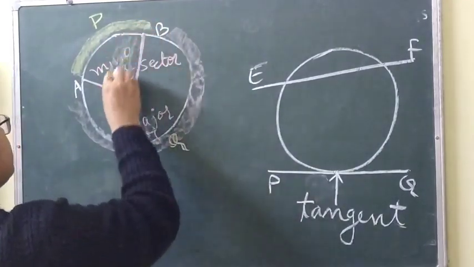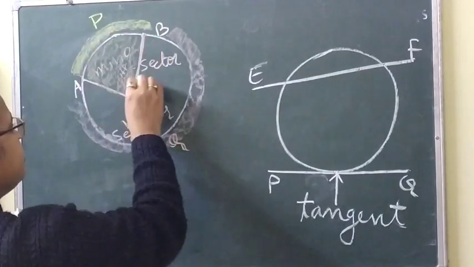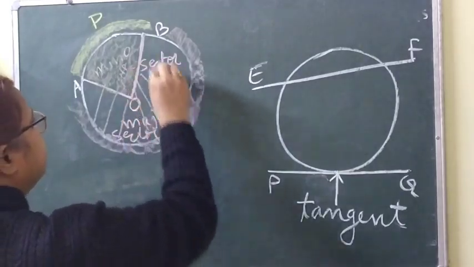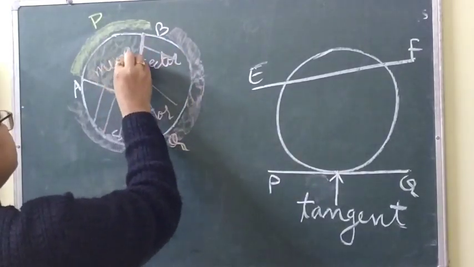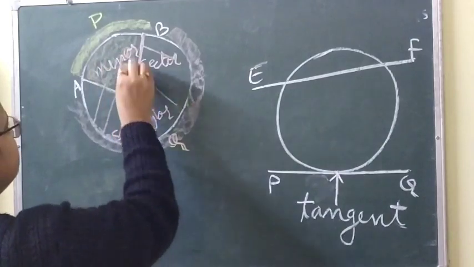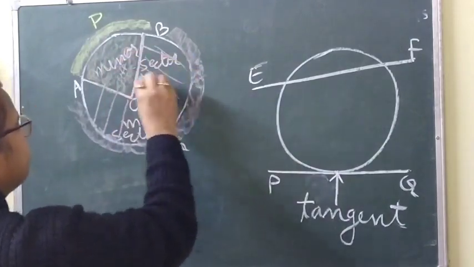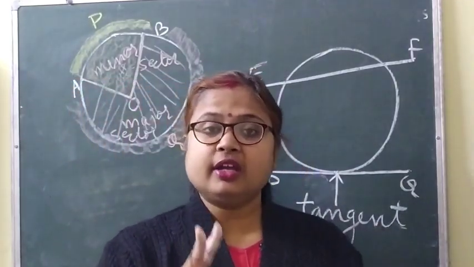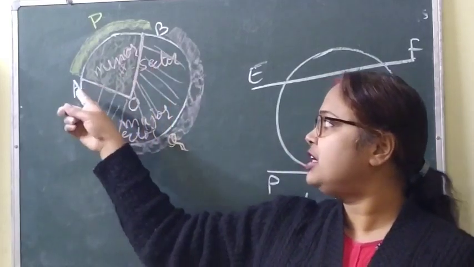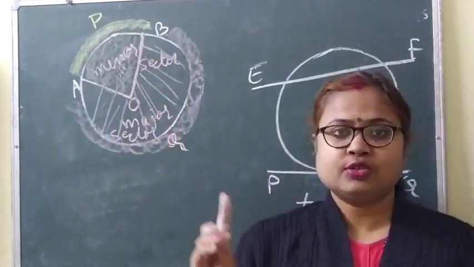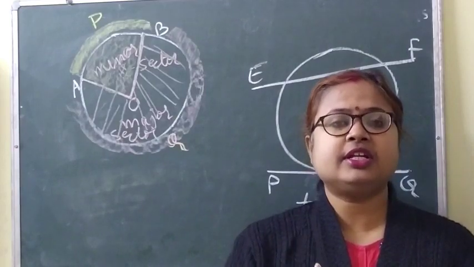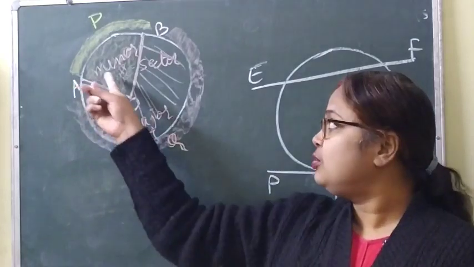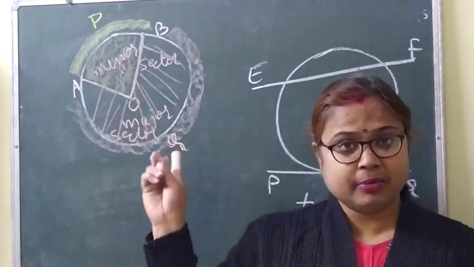This part is the minor sector, and this part is the major sector. So what is a sector? A part of the circle which is enclosed by two radii. Which are the two radii here? AO and OB. So a part of the circle enclosed by two radii and an arc is called a sector. And there are two types of sector, minor sector and major sector.